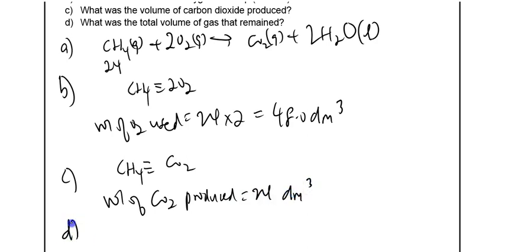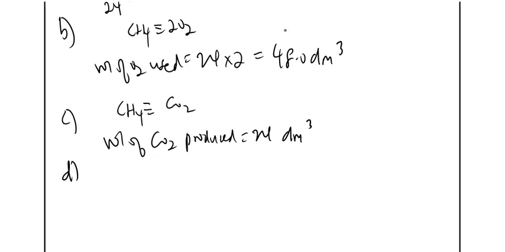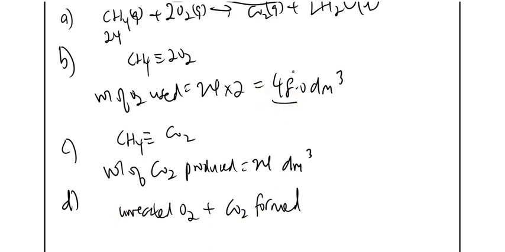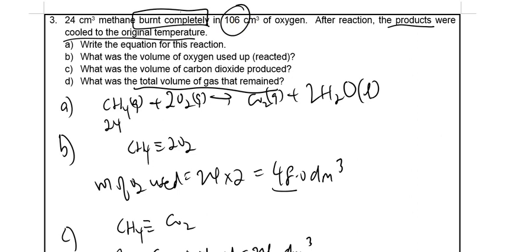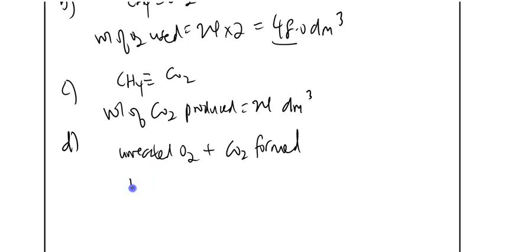Part D, what is the total volume of gas that remains? So the gas that remains is essentially the unreacted oxygen plus the CO2 formed. What is the unreacted oxygen volume? I know 48 was used up. I started off with 106. So unreacted O2 is 106 minus 48, and the CO2 formed is on top from here, 24.